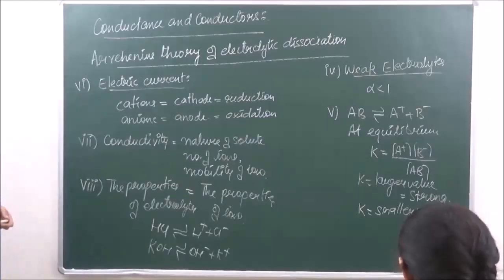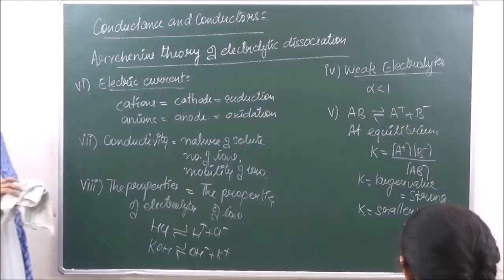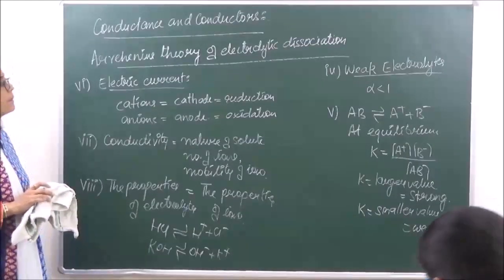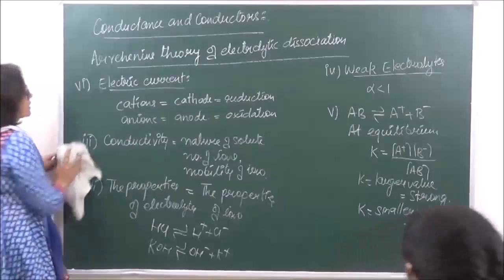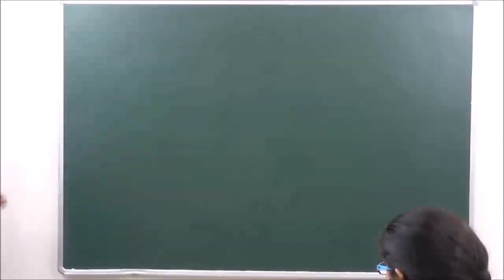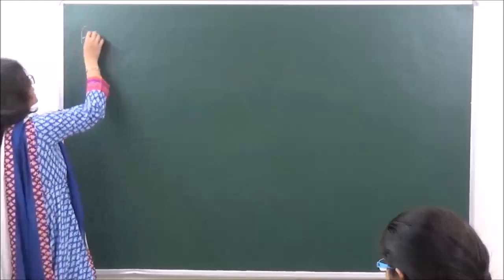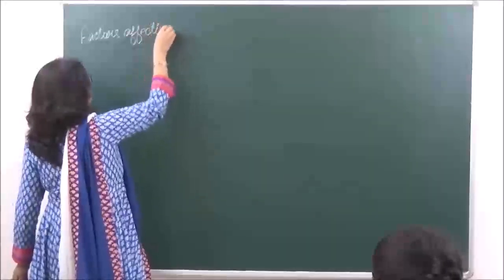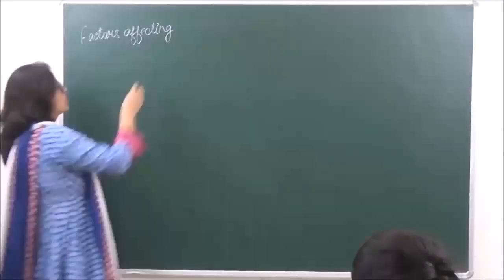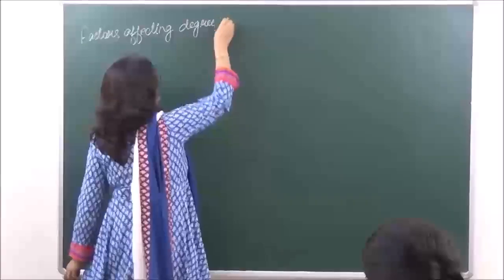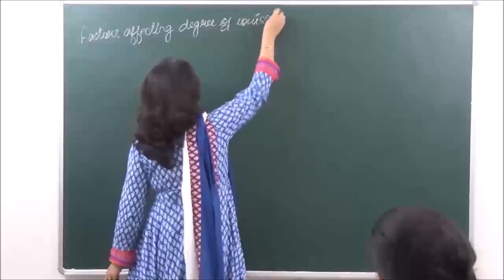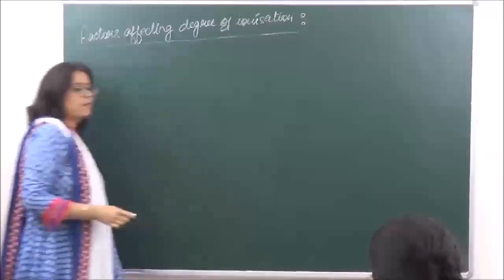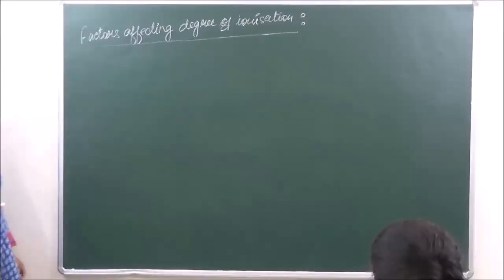Then depending upon this, the factors on which electrolytic dissociation or electrolytic conduction depends were formulated. So next is factors affecting degree of ionization.